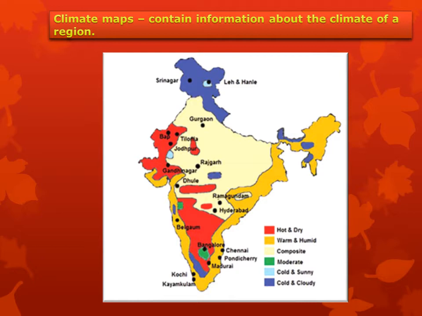This light color, peach color is composite. Green is moderate. Light blue is cold and sunny. And dark blue is cold and cloudy. So like this, the climate maps tell us about the climate of a region.